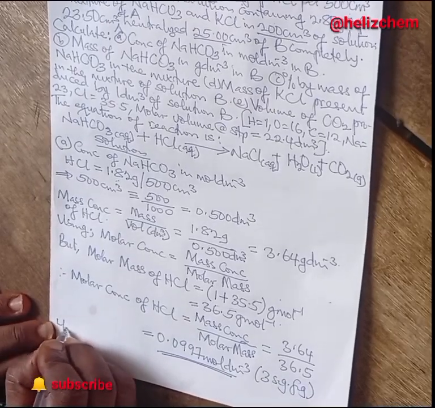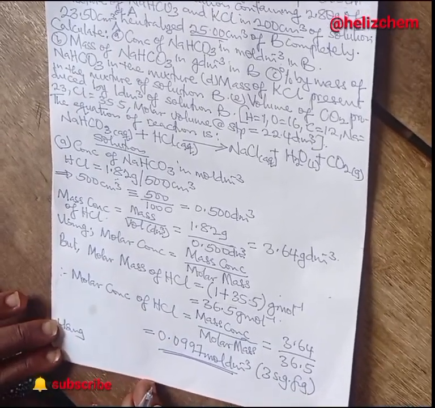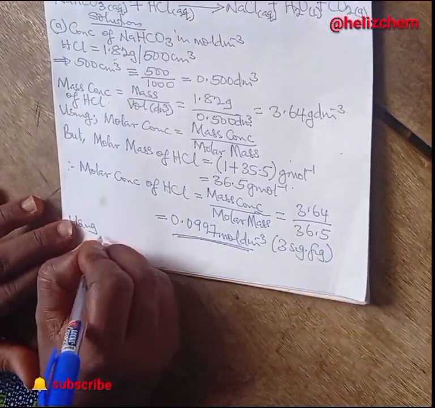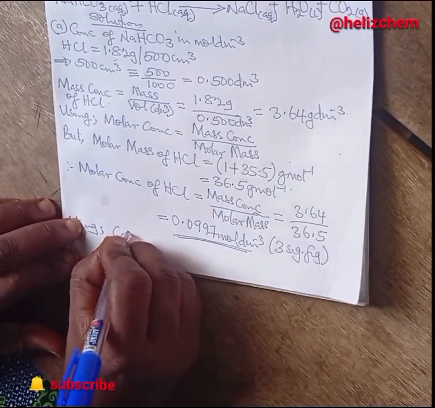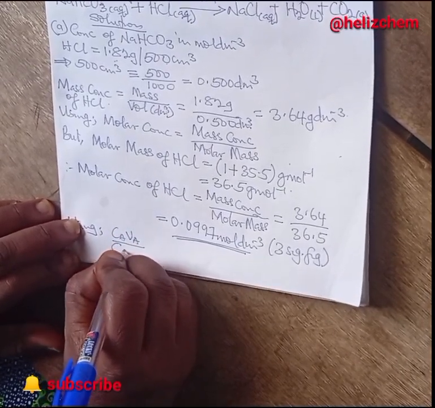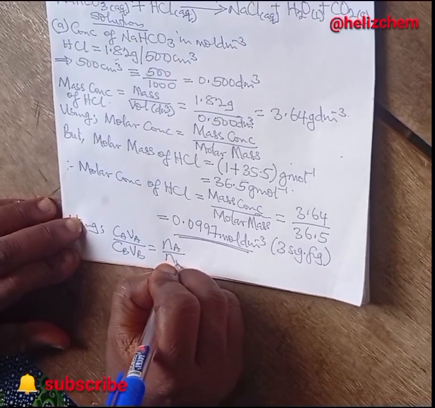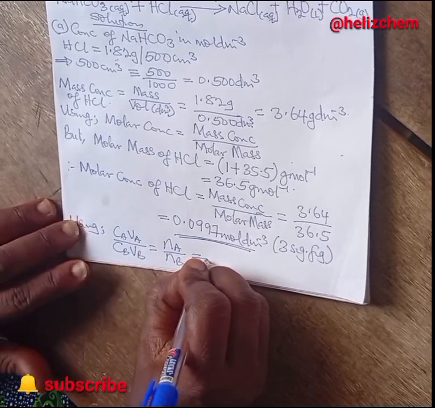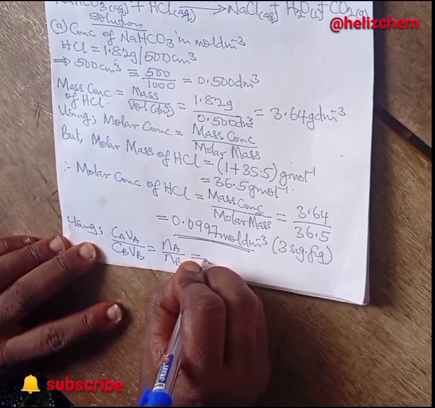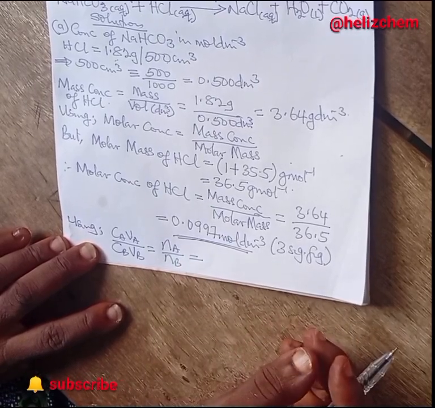The next thing is to use our equation using CA VA over CB VB, which is equals to NA over NB. Then before you complete it, you have to put the mole ratio.